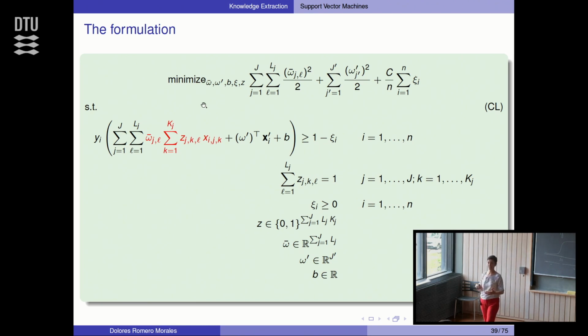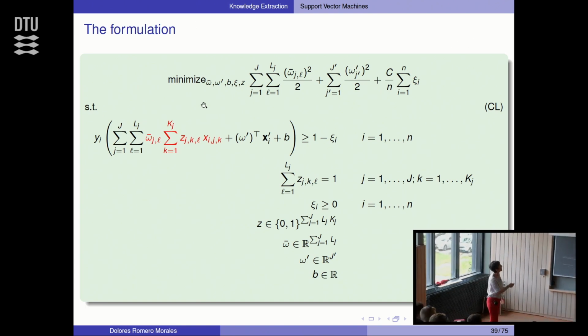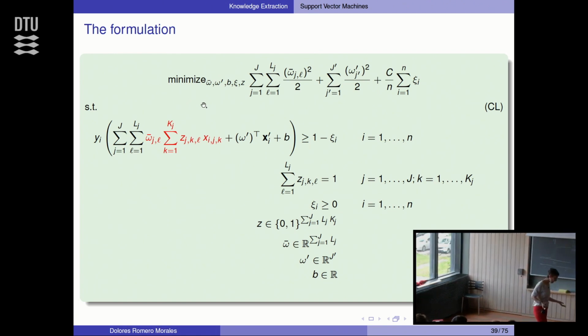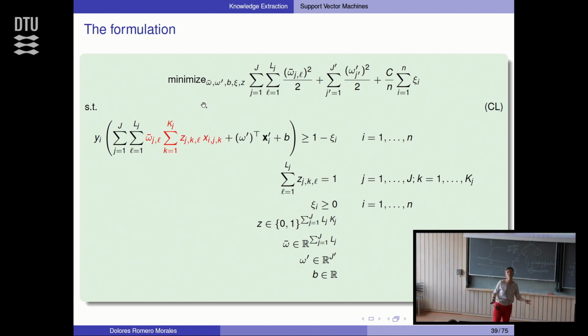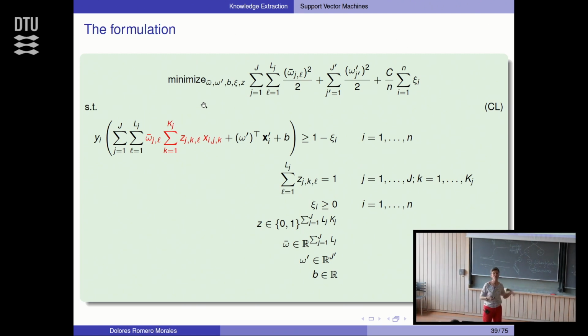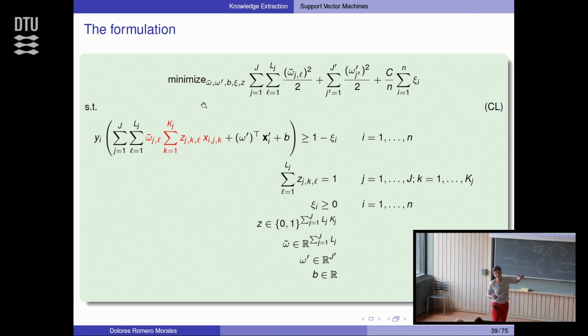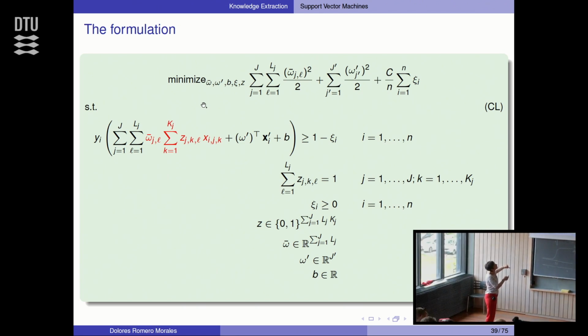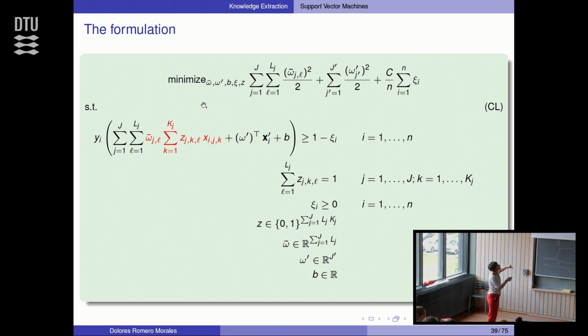These 0, 1 variables need to be multiplied by a continuous variable, which is the coefficient that I would like in that cluster. The multiplication of a continuous variable times a 0, 1 collection of variables is a semi-continuous constraint.